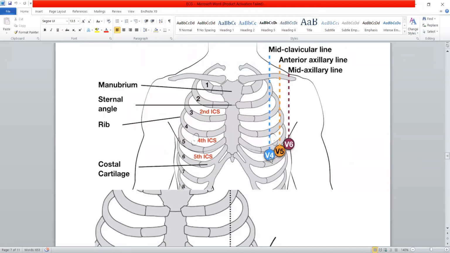Lead V4 is placed in the mid clavicular line, a line that passes from the middle of the clavicle, in the fifth intercostal space. Lead V5 is placed in the anterior axillary line, and lead V6 is placed in the mid axillary line.